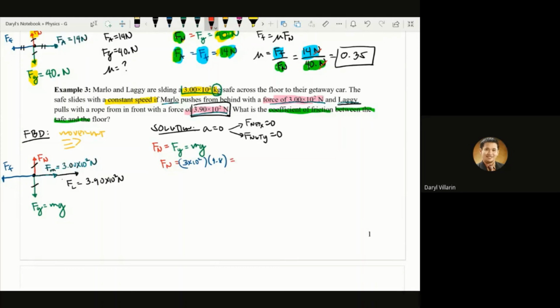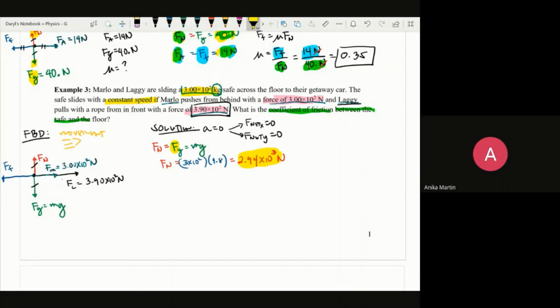So this will give me an answer of 2.94 times 10 to the power of 3 newtons. So this is now the weight of the object. This is also the weight of the object, because if you can see in the free body diagram, they should be equal.